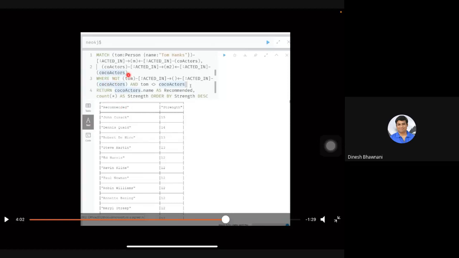Here we are trying to run a query where Tom Hanks has acted. But what are the other movies where Tom has not acted but his co-actors have acted? And then you are going to give it a strength score. So you need to count, and you're putting that count inside strength, and ordering it by descending.